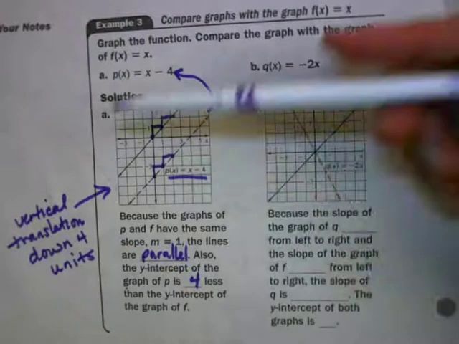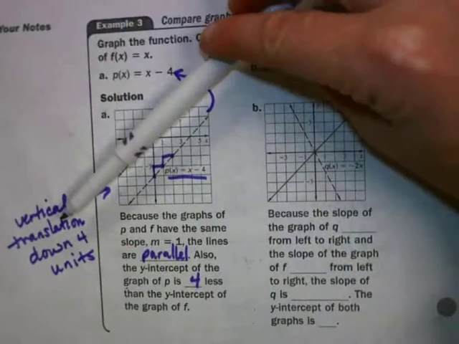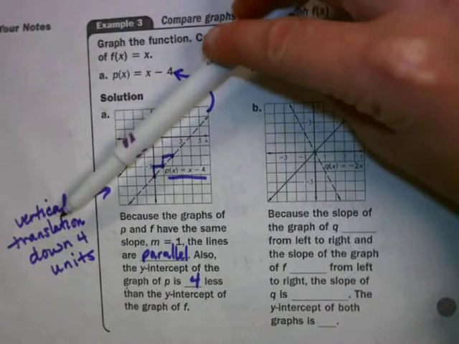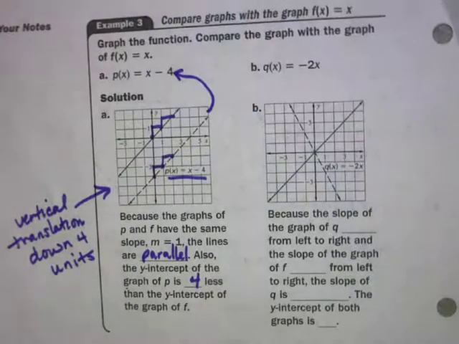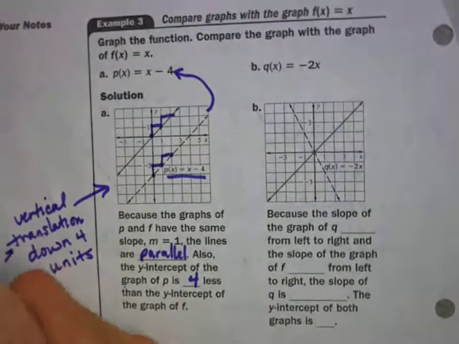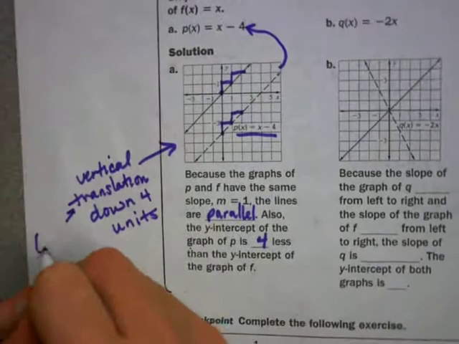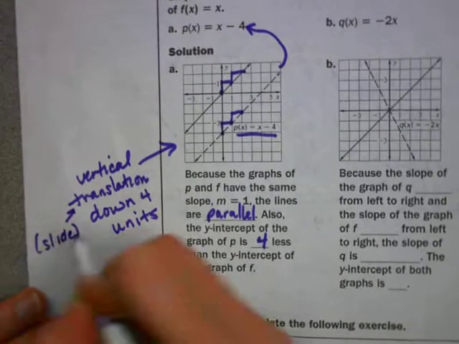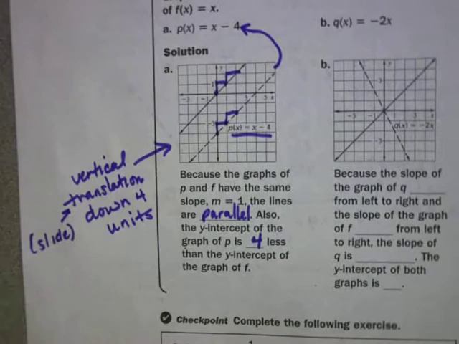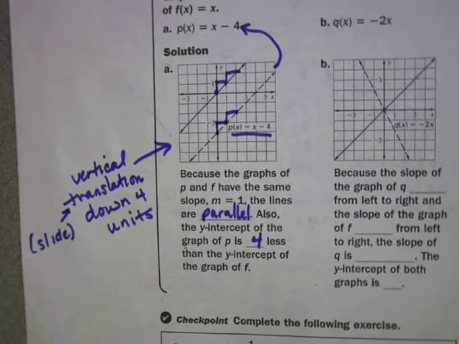A translation means if I could pick up my line and just slide it down. Another word for translation is slide. So we slide it down 4 units. That's how you're going to be describing these compared to their parent function.